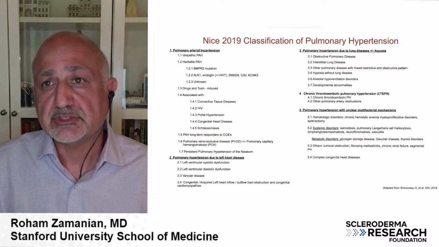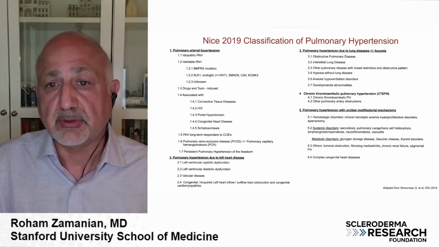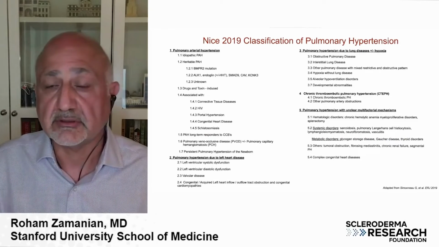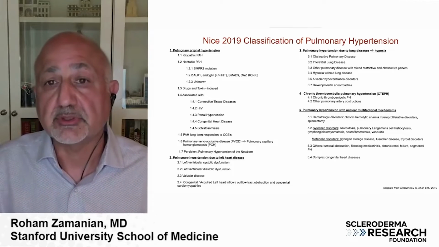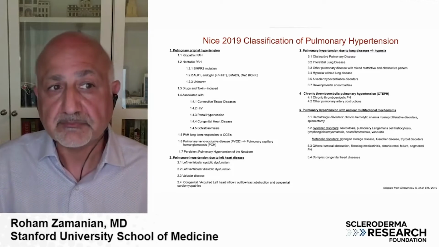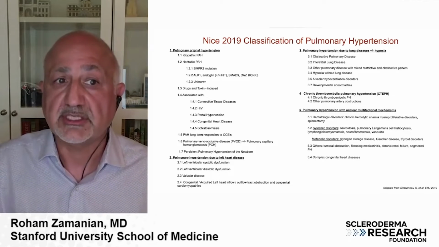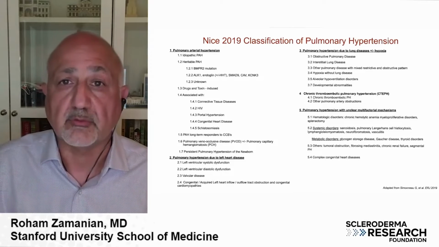So just starting with the classifications of pulmonary hypertension. Pulmonary hypertension is a broad syndrome of diseases caused by different etiologies. The one that's most pertinent to systemic sclerosis is the group 1 PAH associated with connective tissue disease, labeled here as 1.4.1.